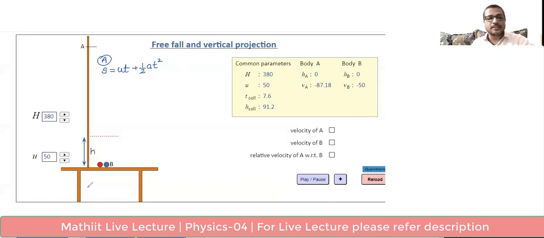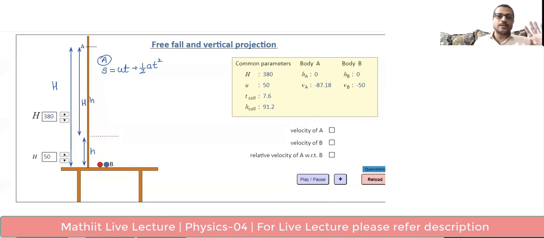If I write this entire distance as capital H, then what is the distance covered by A before it meets B? Up to this point, how much will that distance be? It will be capital H minus small h. I hope that is easy to understand.